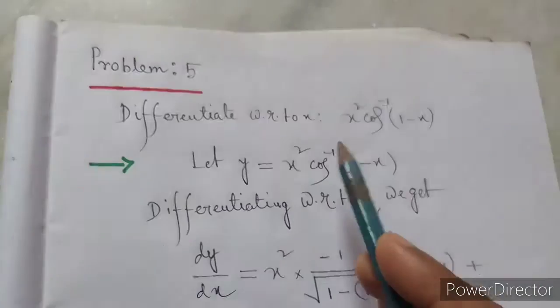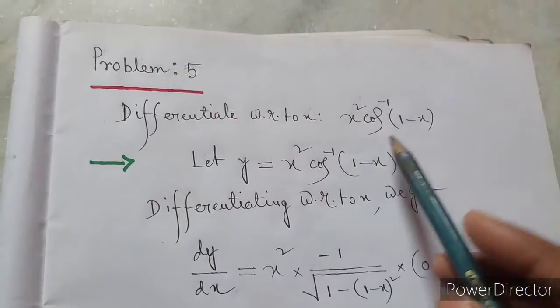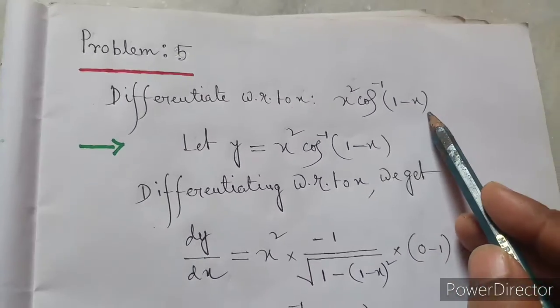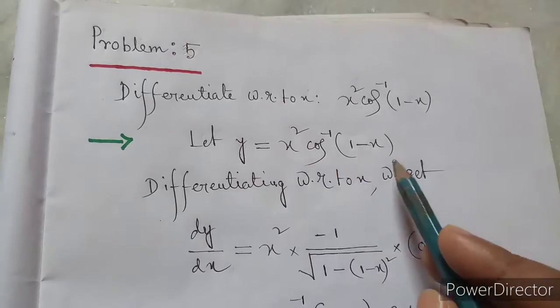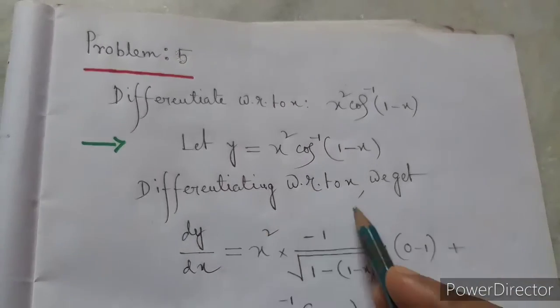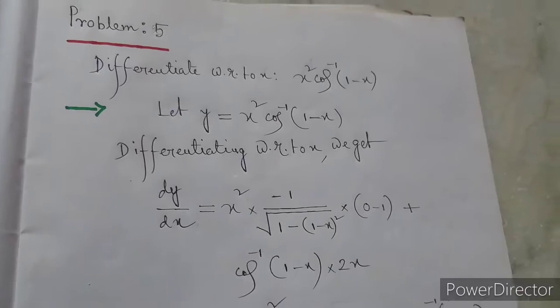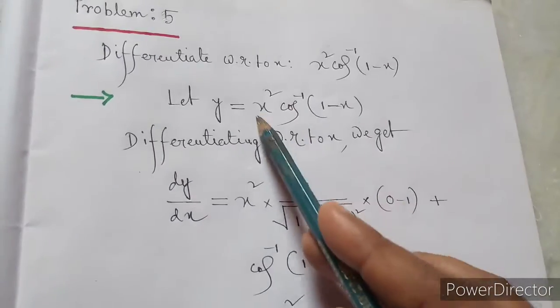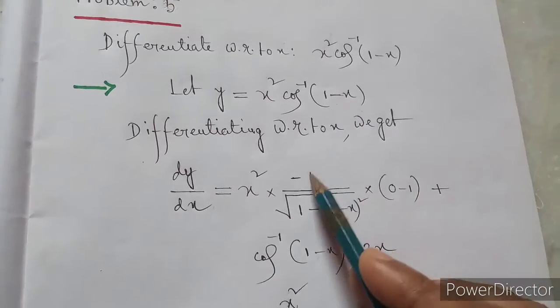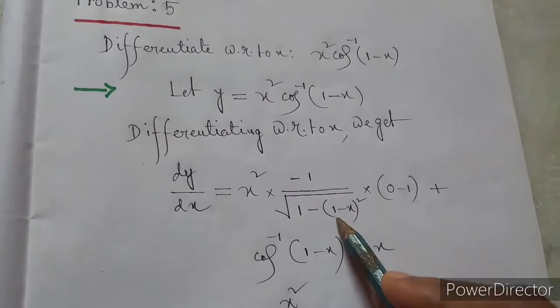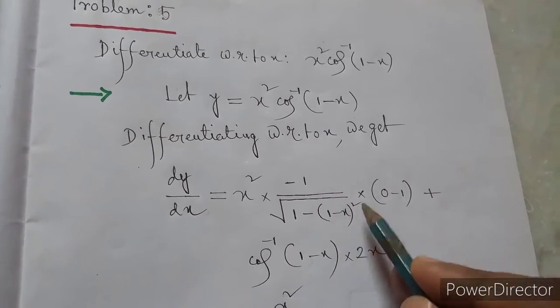So problem number 5, differentiate with respect to x square into cos inverse (1 minus x). Simple problem. So let y equal to x square into cos inverse (1 minus x). Differentiating with respect to x, we get, using the uv formula, u is constant, and the derivative of this one is minus of 1 by root under 1 minus (1 minus x) whole square.